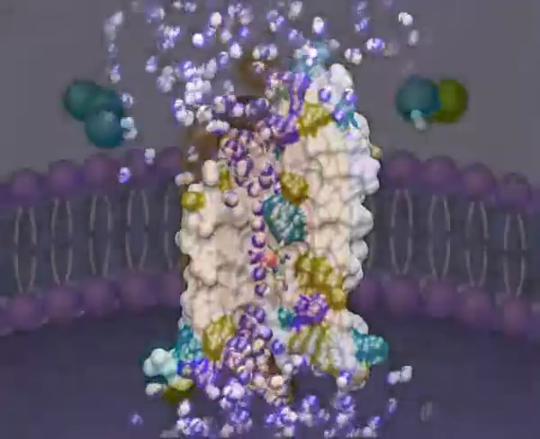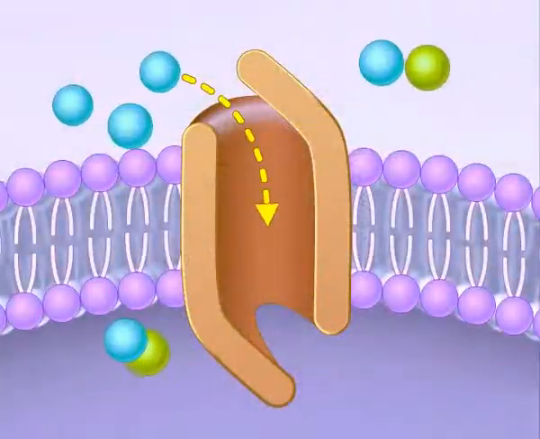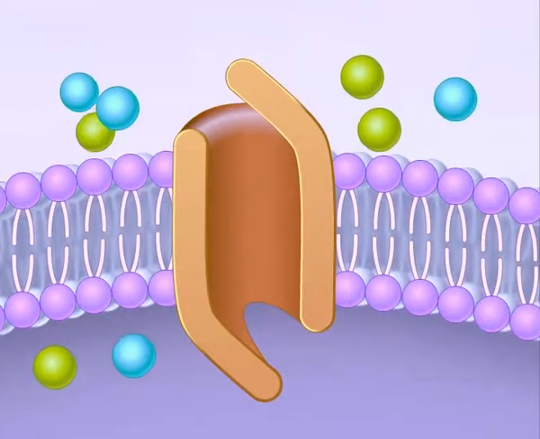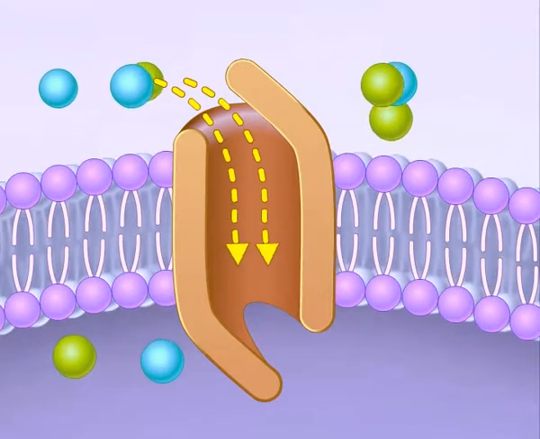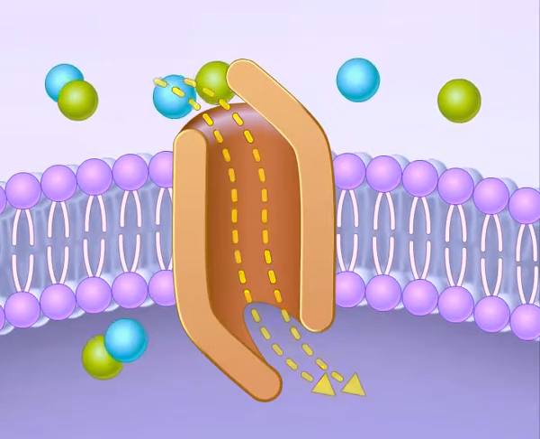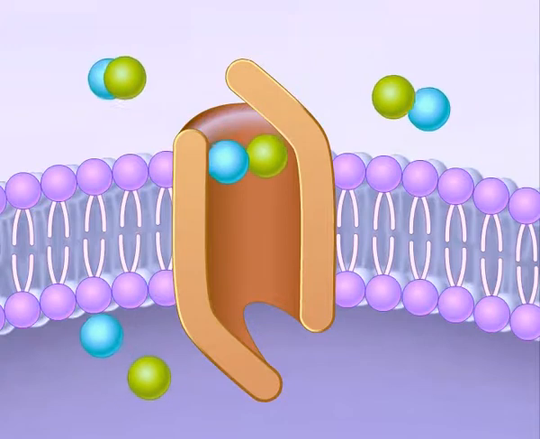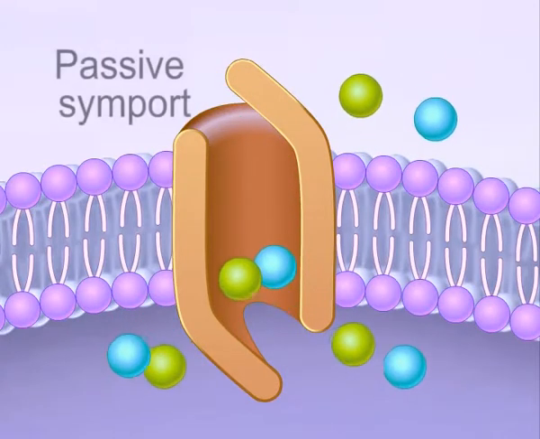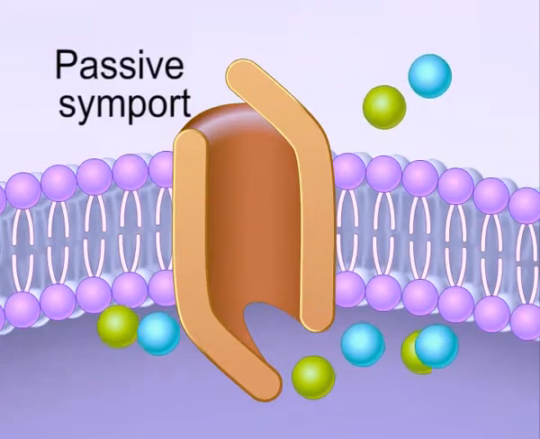Our scientists were curious to observe the direction of movement of these diffusing molecules across the membrane. They were able to observe two types of molecules crossing together in the same direction and named the process as passive symport.